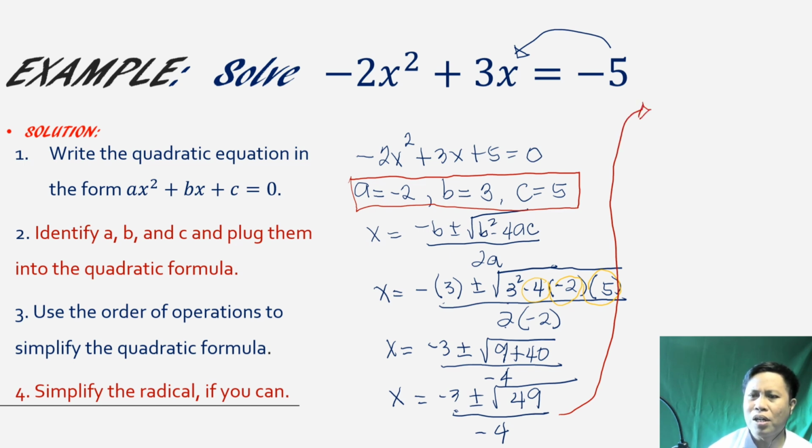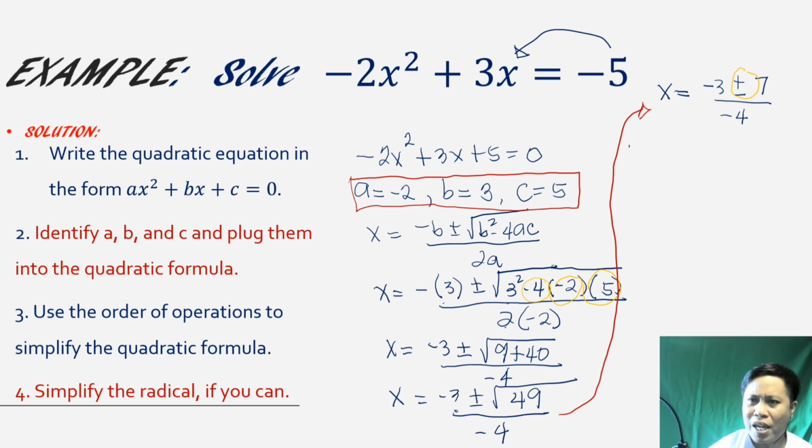Let us continue to simplify this expression. So you have x equals negative 3 plus or minus the square root of 49, which is 7, all over negative 4. Then we separate the plus and minus operations, and we come up with two equations.